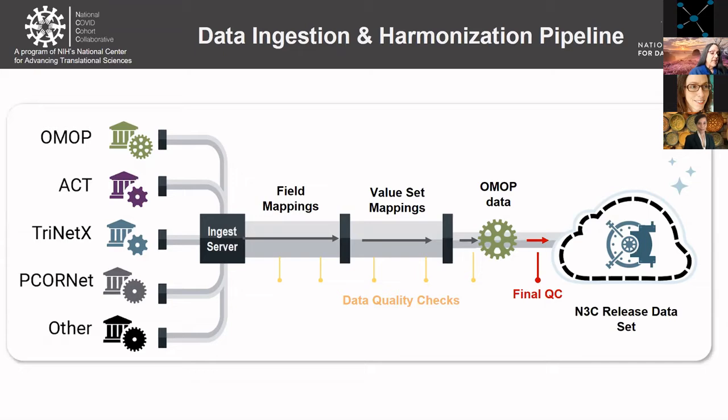Additionally, site data payloads that are contributed on an ongoing basis and refreshed in the enclave through the pipeline are reviewed by a team of subject matter experts using robust data characterization and quality visualizations before being released for use by researchers. Next slide, please.